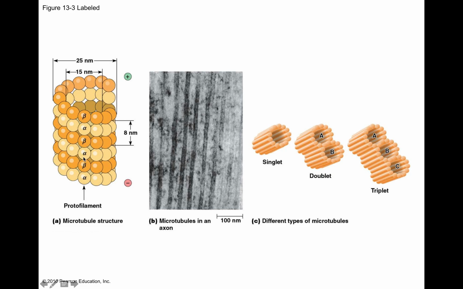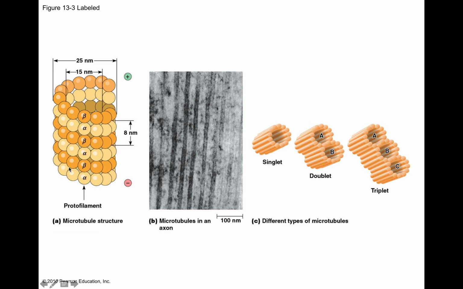This one chain, alpha, beta, alpha, beta, alpha, beta, on up, is called a protofilament. And if you put 13 of these next to each other, you get a microtubule. So 13 is the most common size, but there can be more, can be less.